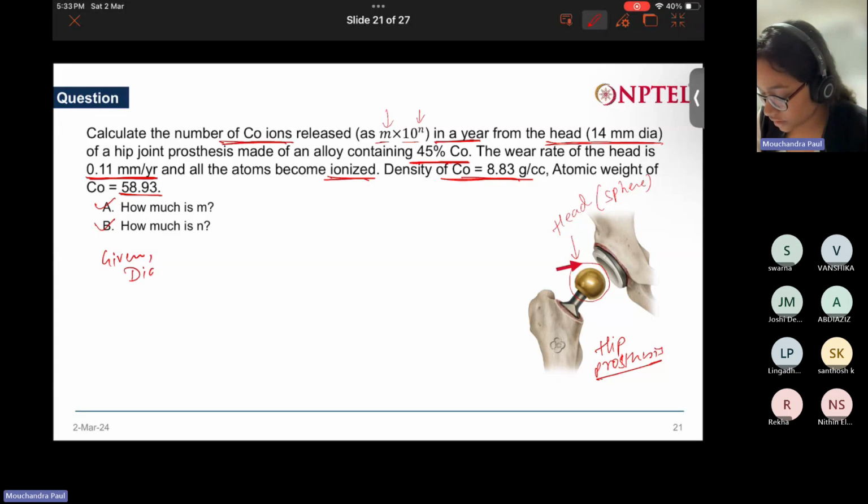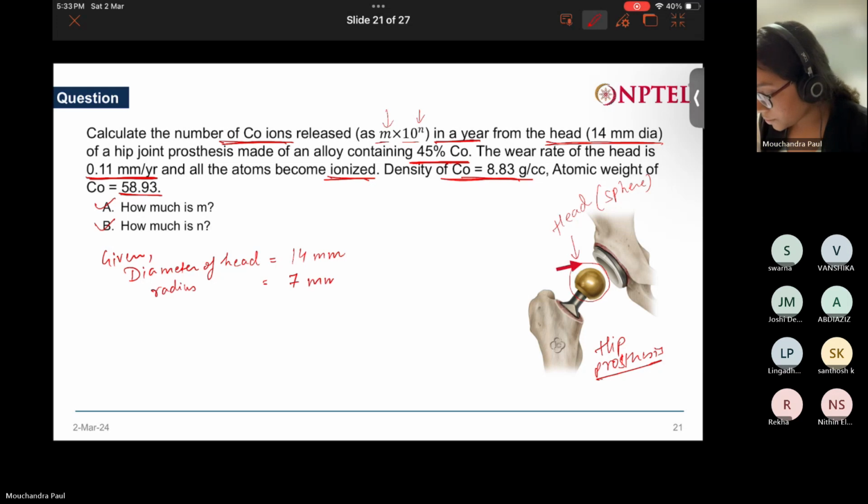First, you know the diameter of head. It is 14 mm. And the radius, similarly, what will be the radius? 7 mm. We can convert it into centimeters as well.